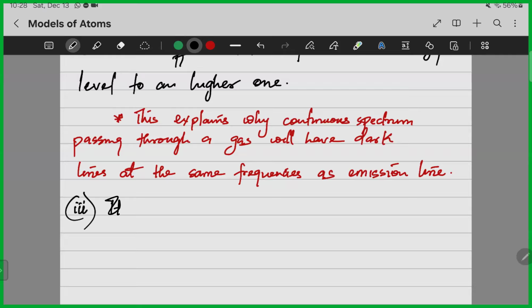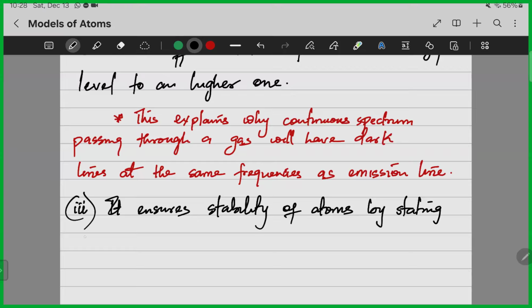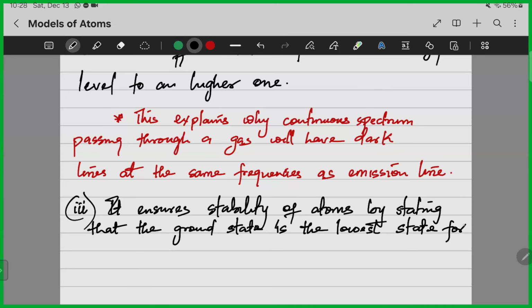It ensures stability of atoms by stating that the ground state is the lowest state for an electron.